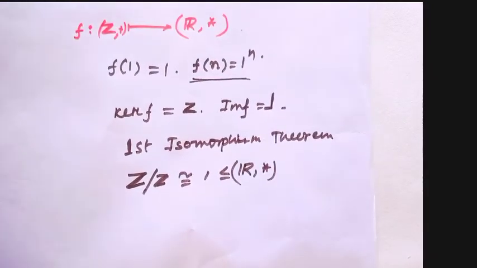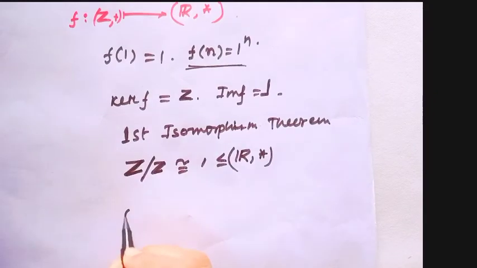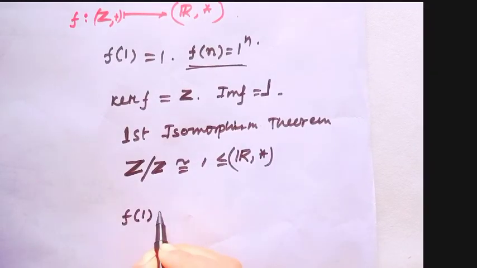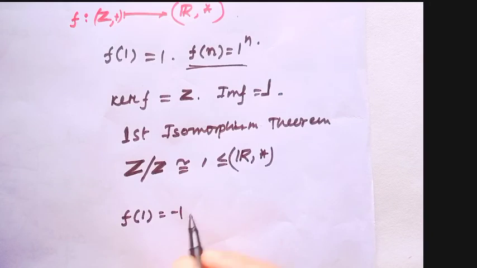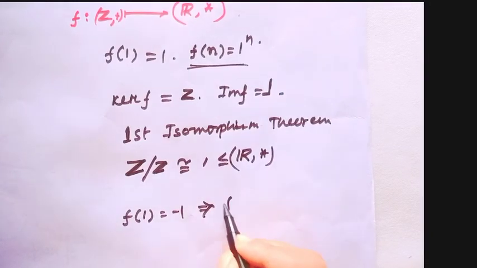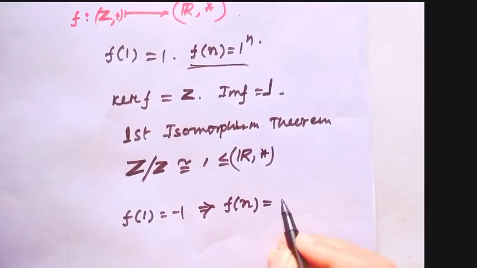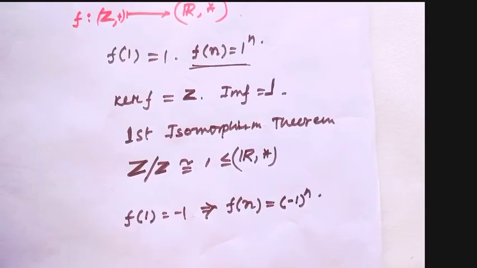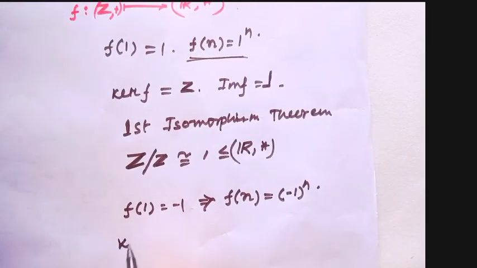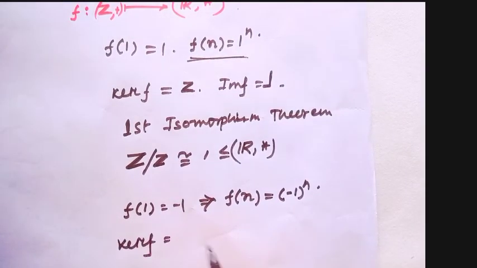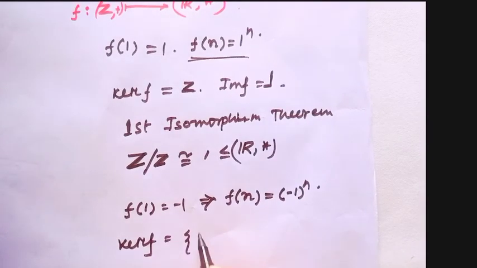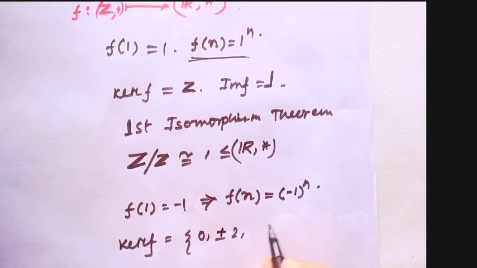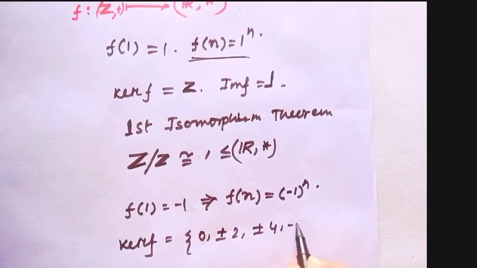Okay? Now, if you consider f of 1 equal to minus 1, then that implies the mapping would be f of n equal to (-1) to the power n. Are you getting this mapping? Then what would be the kernel of f? The kernel of f is, notice, 0, plus minus 2, plus minus 4, and so on.